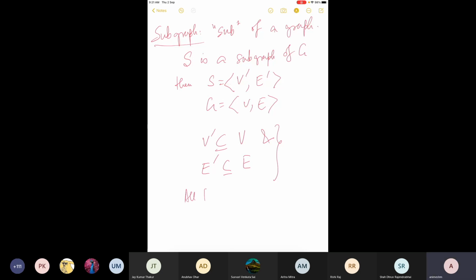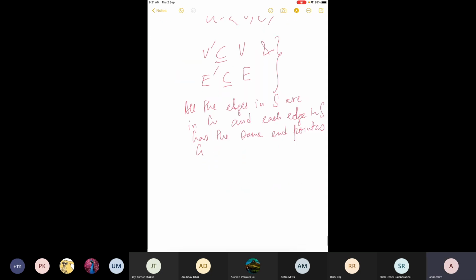All the edges in S are in G, and each edge in S has the same endpoints as in G.